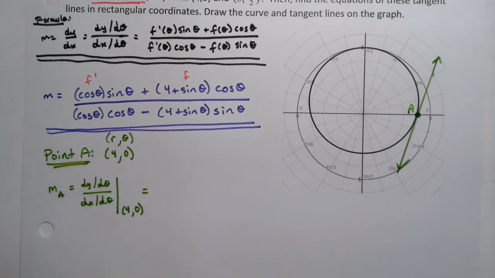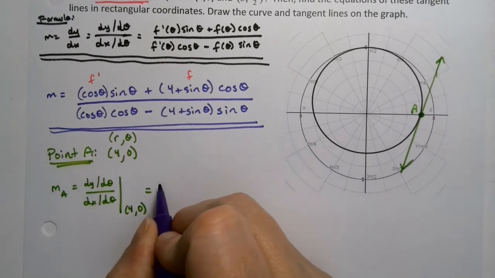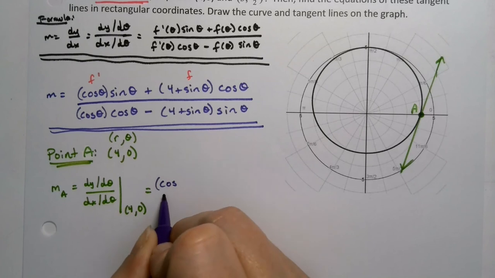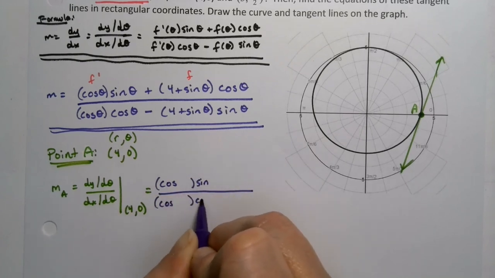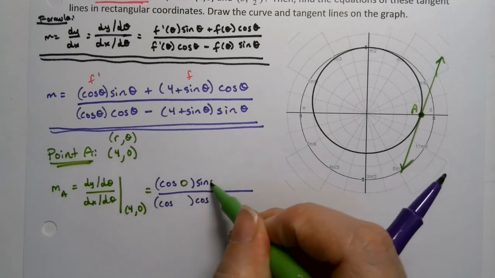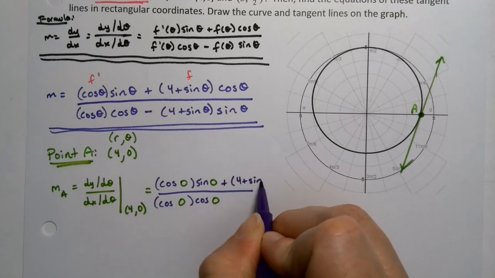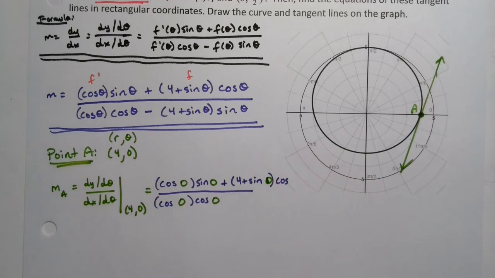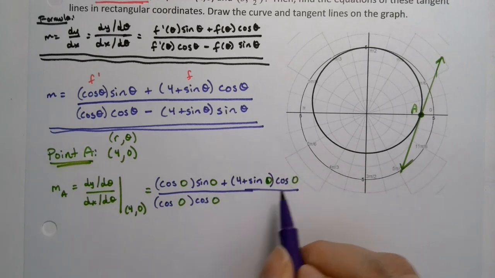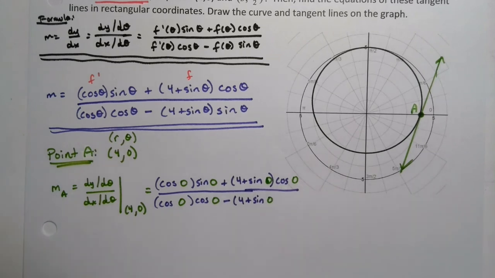All right, so let me write out this lovely formula. The important part is that theta is 0. So it'll be cosine, sine, cosine, cosine, and the angle here will be 0, 0, 0, and 0, plus 4 plus sine of 0, times the cosine of 0, over cosine times cosine minus 4 plus sine of 0 times the sine of 0.